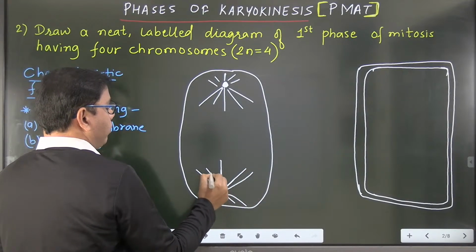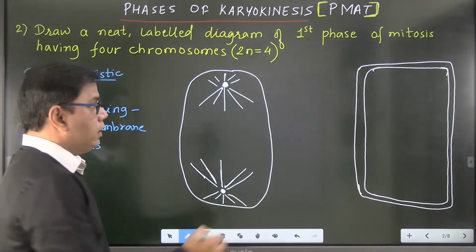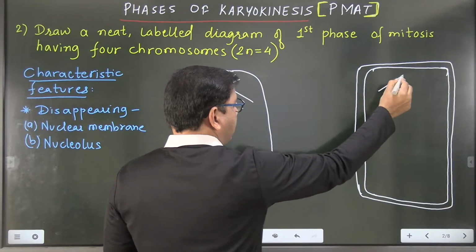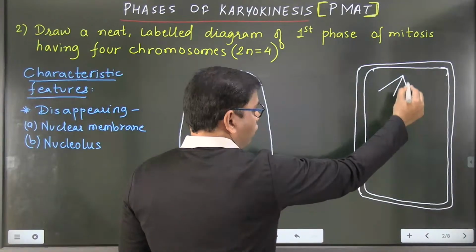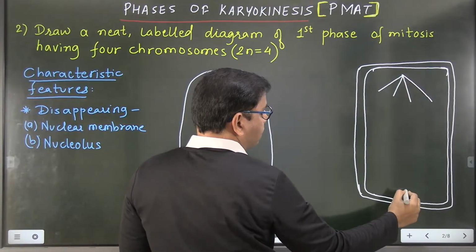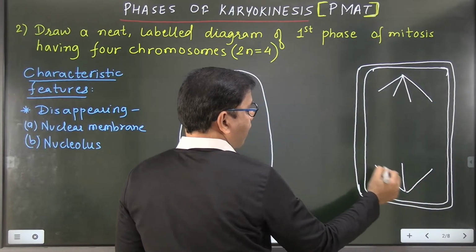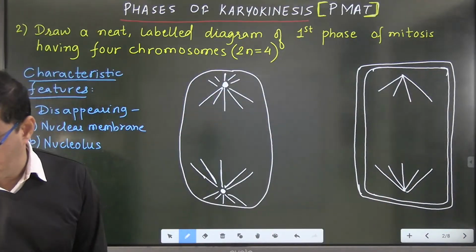Spindle fibers will be longer in size as compared to the asters. Here we are going to have just a spindle fiber, no centriole, so no dot. You will show spindle fibers directly appearing like this. We will label it later. Is it fine?